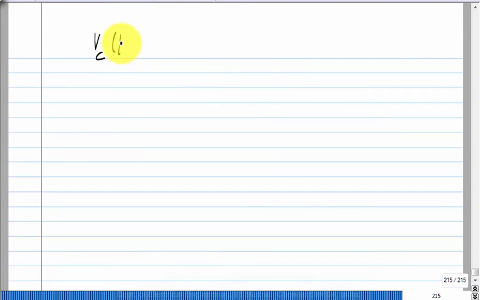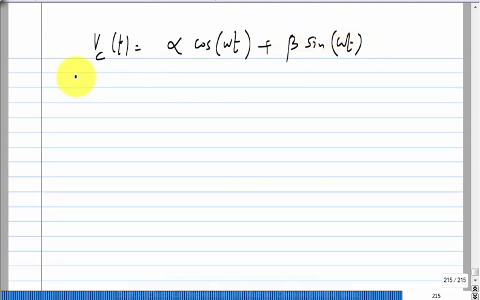Assume that Vc of t is some alpha cos omega t plus beta sin omega t, and then you substitute it into the differential equation and find the constants alpha and beta. So that it satisfies the differential equation.